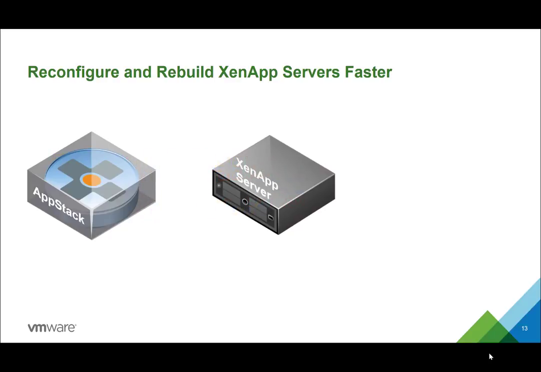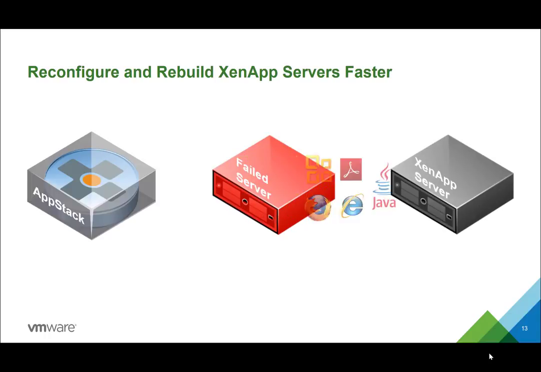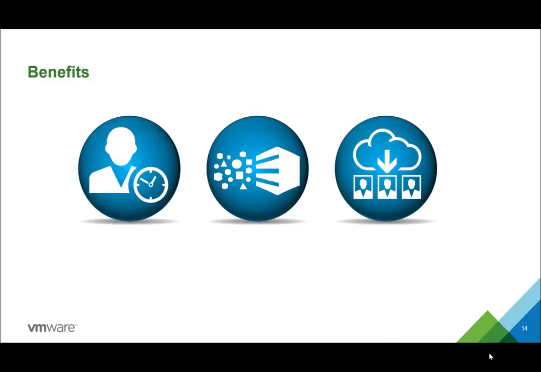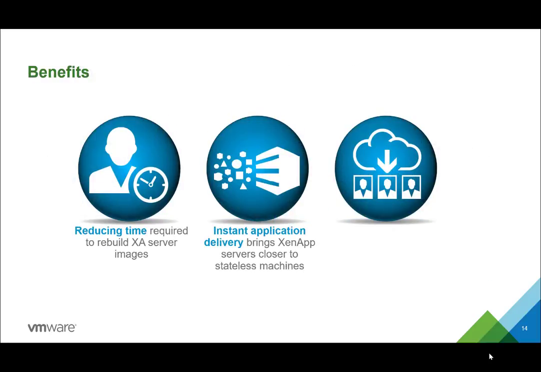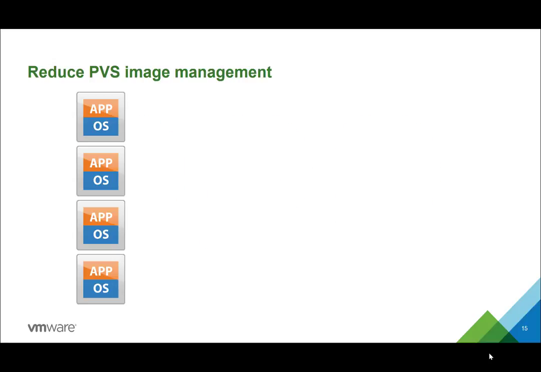With App Volumes, again, it allows you to quickly build your XenApp servers as well, right? So let's say you're able to deploy those applications to the XenApp server and then the XenApp server fails. We can quickly reprovision the entire application stack to a new server with very little downtime. So, again, reducing that time and also instant application delivery, therefore reducing the impact on the availability of your XenApp farm.